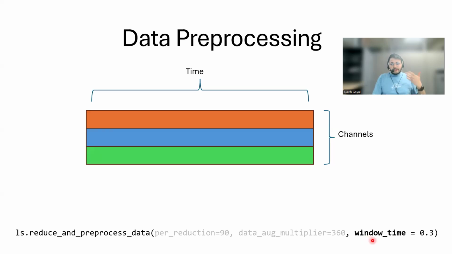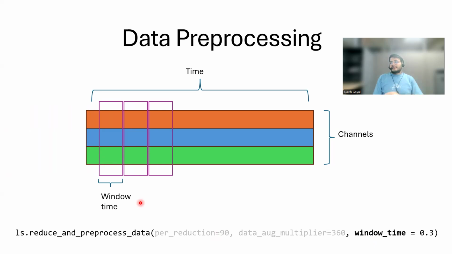So I'm going to explain what that is. When you give us the data, we create windows of it. Each window would correspond to one label, which is the class it belongs to. And you can control the length of the window by window time.